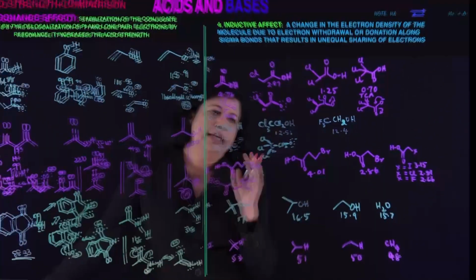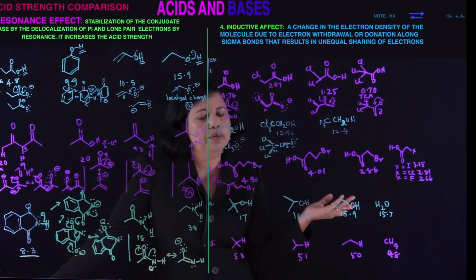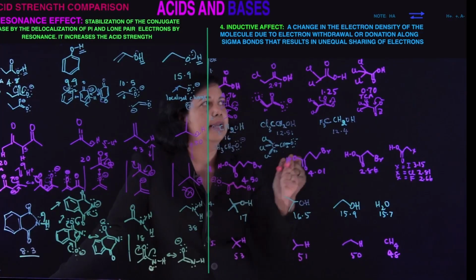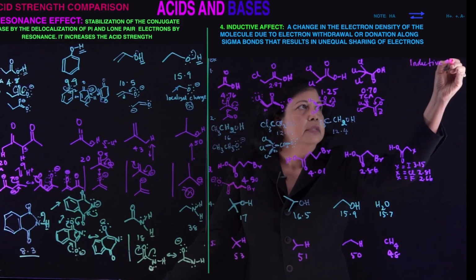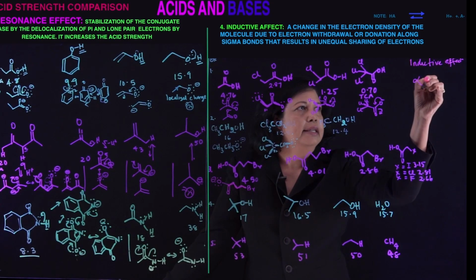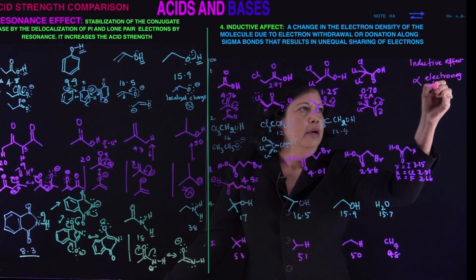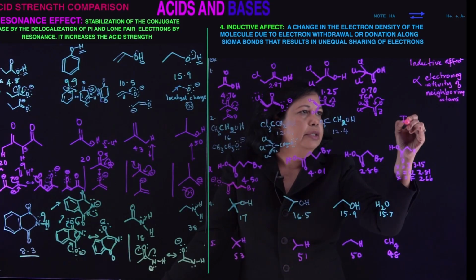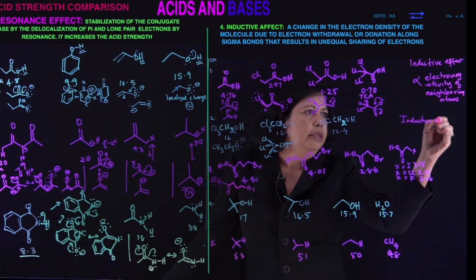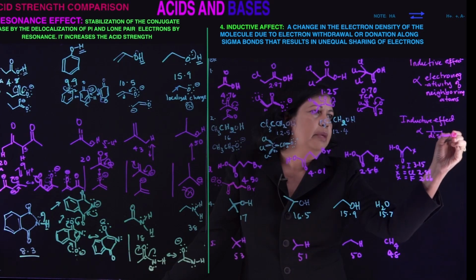And so the inductive effect falls off with distance. So that's something to remember. Inductive effect is going to increase as the electronegativity of neighboring atoms increases. Inductive effect is going to fall off with distance. So that's something to remember.